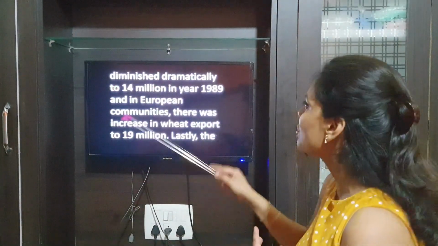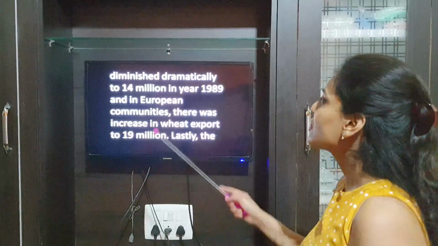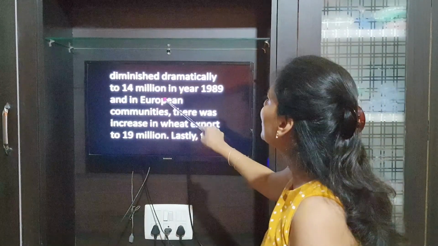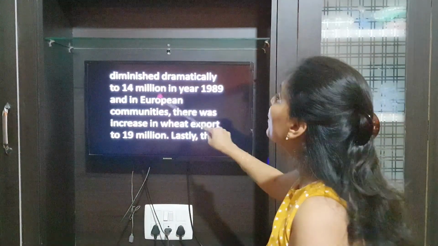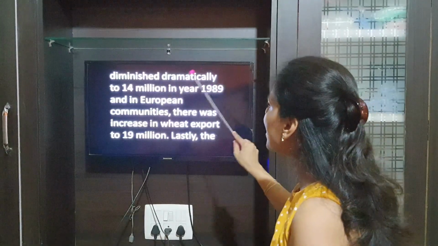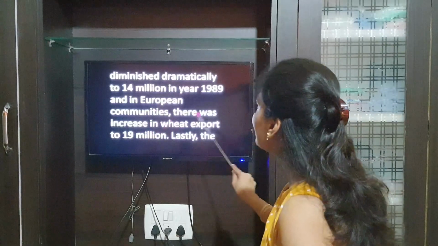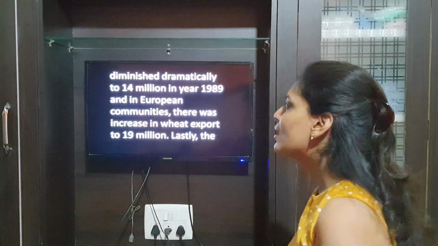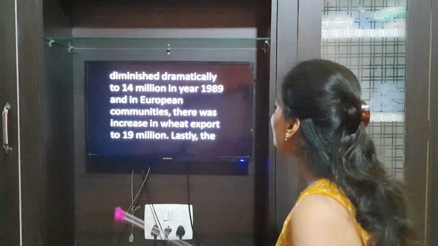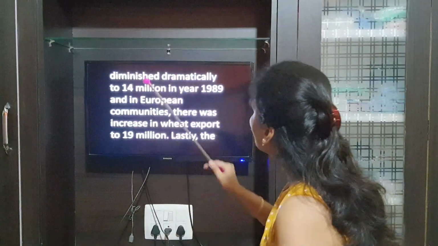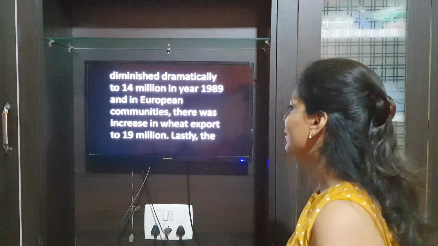Diminished means decreased, dramatically means to a large extent. To how much did it reach? 14 million in which year? 1989. And in European community, there was an increase in wheat exports to 19 million. And what happened with European community? The wheat export increased to 19 million, right?